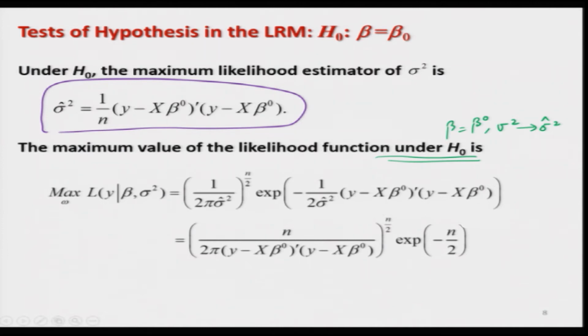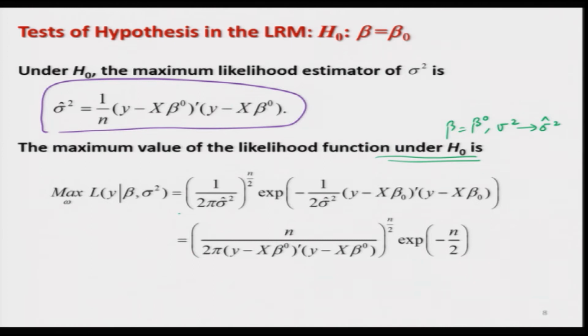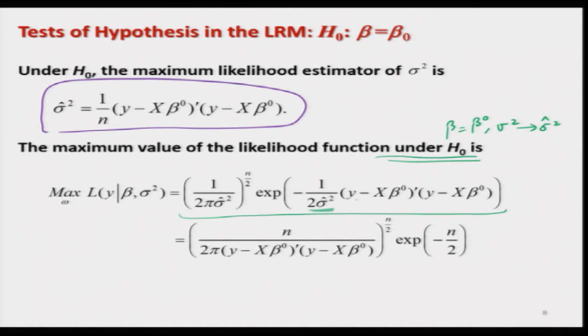we can obtain the likelihood function like this: 1 upon 2 pi sigma square hat raised to the power of n by 2, exponential of minus 1 upon 2 sigma square hat (y minus x beta naught) transpose into (y minus x beta naught).